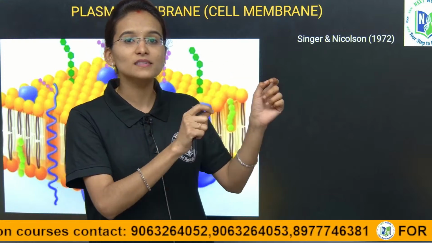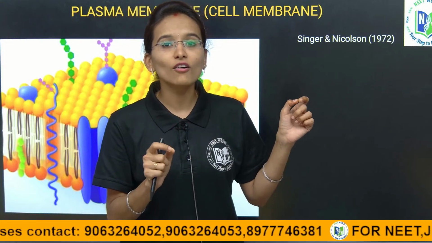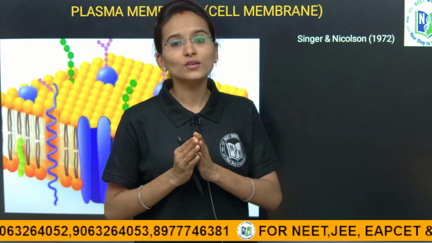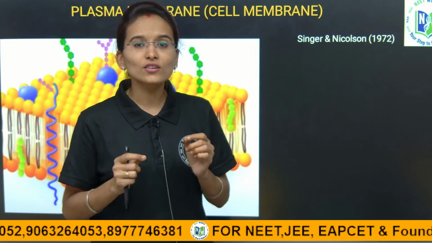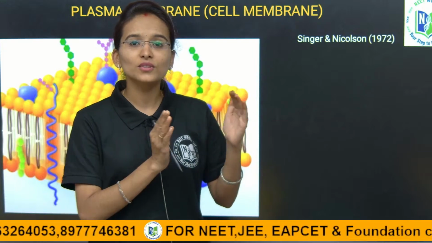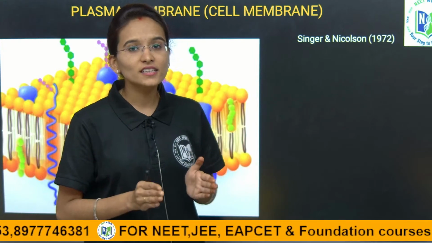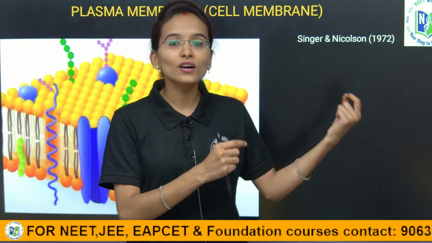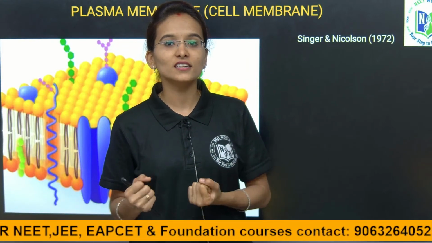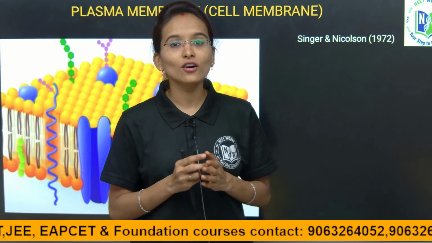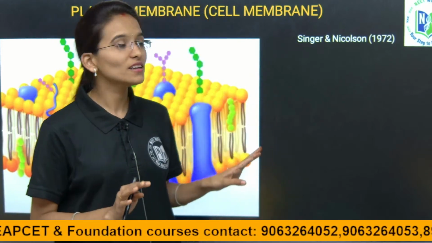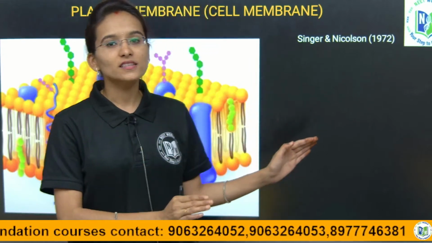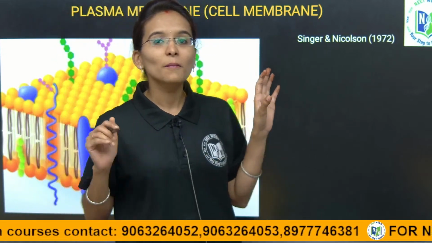It is always easy to transport molecules or ions from high concentration to low concentration. But in active transport, we need to transport from the lower concentration to the higher concentration gradient with the involvement of energy in the form of ATP. That is all about the active and passive transport mechanisms in the plasma membrane.